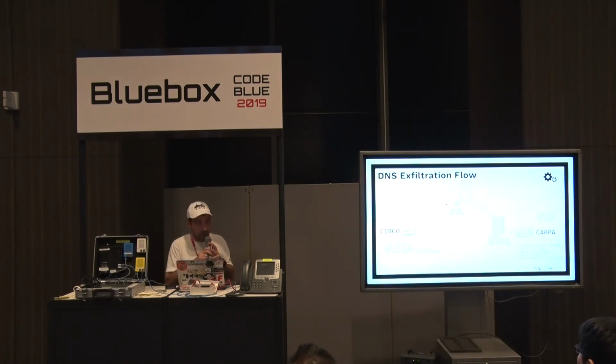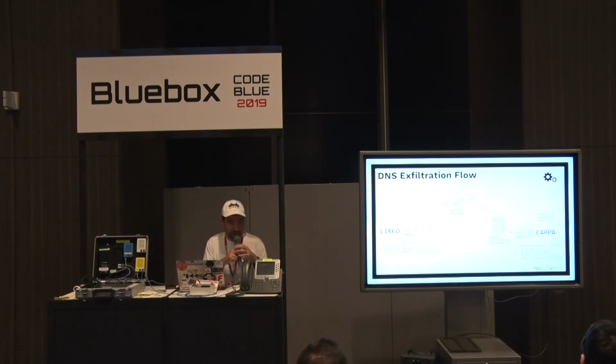DNS. DNS is the simplest one, but this one does not require direct access from the client to the attacker server. It goes through your internal DNS or your DMZ DNS, right? So in this case, I'm using an NS type query because NS gets forwarded through the chain to the actual root domain of the domain.